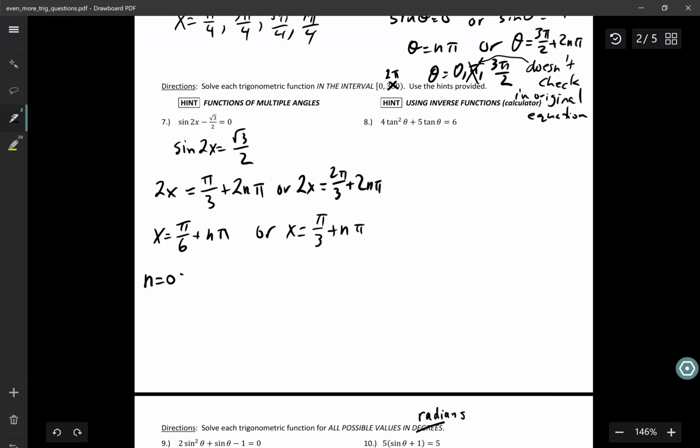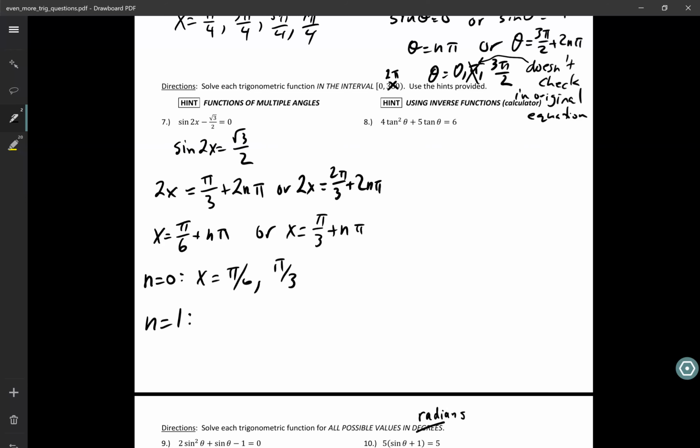The way we get those, we plug in 0, we get x is pi over 6, or x is pi over 3. When we plug in 1, we get pi over 6 plus pi. So we get 7 pi over 6. We plug in 1 over here, we get pi over 3 plus pi. That gives us 4 pi over 3.